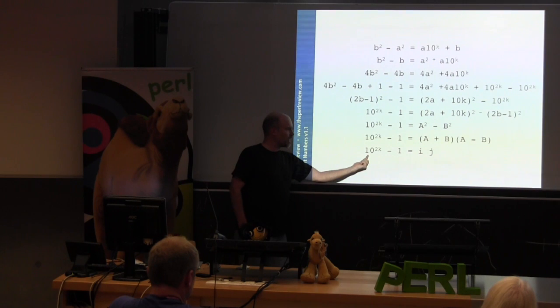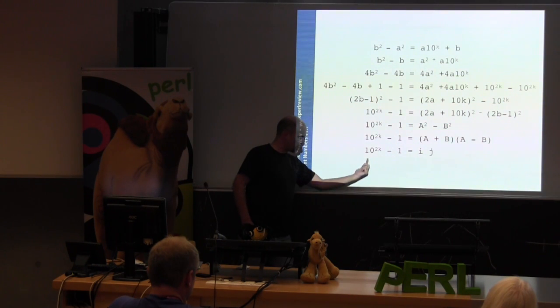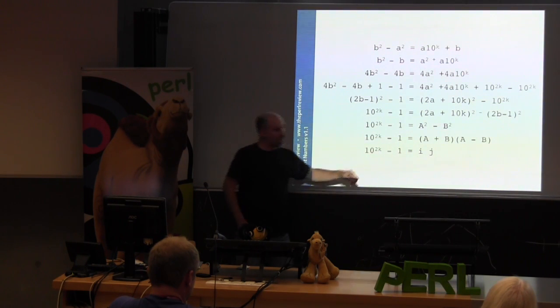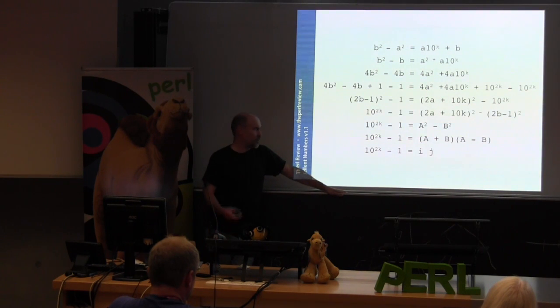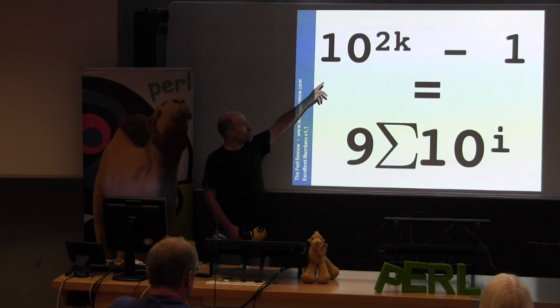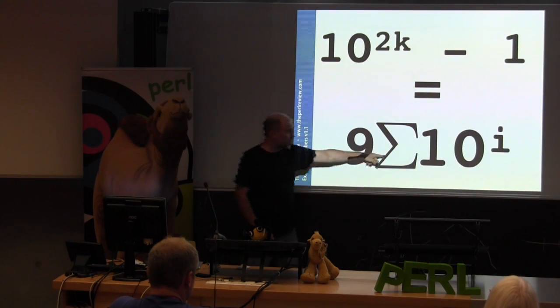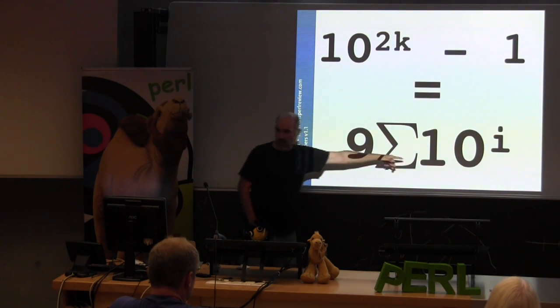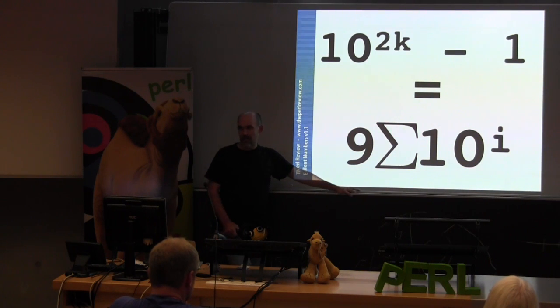Now, I didn't really realize the importance of what this thing is. But for mathematical people, especially number theory type people, that is a very special number. He's going to implement this in Python, but 10 to the 2k minus 1 is 9 times the summation of the powers of 10. So let's say that k is 0, you get 10 to the 0, which is 1.